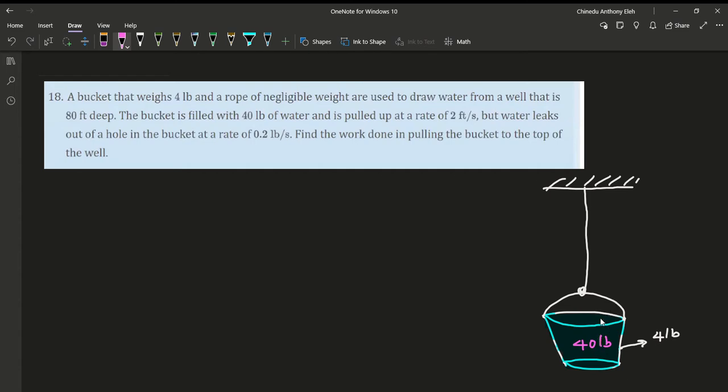And it's pulled at a rate of 2 feet per second. So this whole setup is 80 feet deep. So we want this to be pulled from a well that is 80 feet deep.